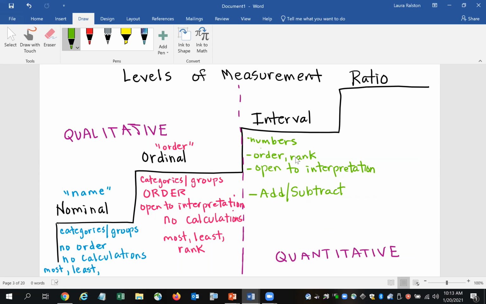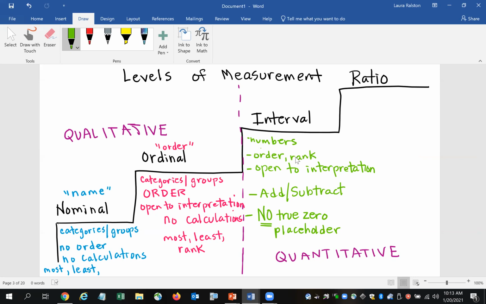The other piece here that students often find challenging with the interval level is that there is no true zero. And again, that's often a hard concept for students. At the interval level, zero is simply a placeholder.